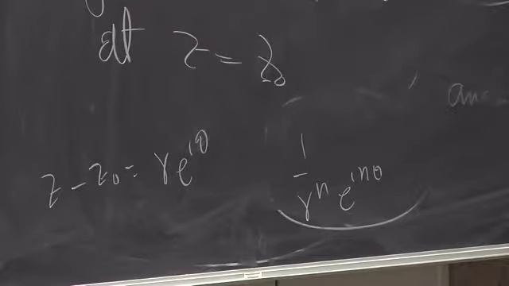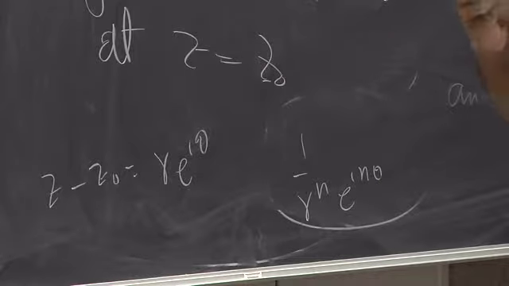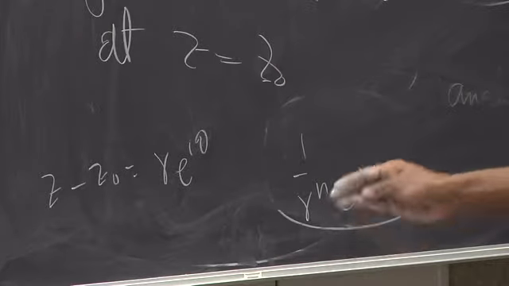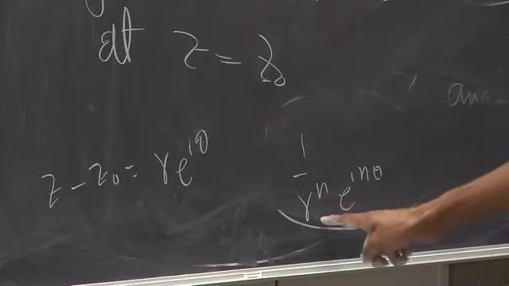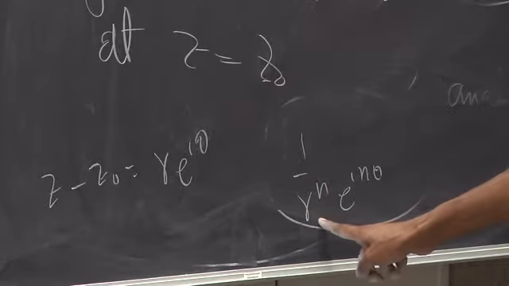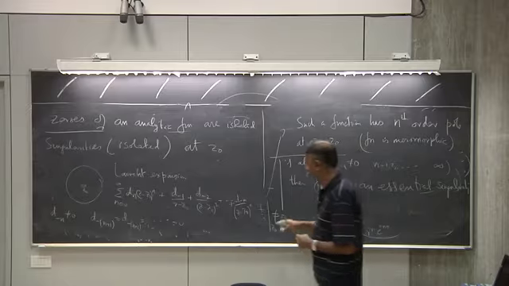After all, e to the i n theta is cosine n theta plus i sin n theta, trigonometric functions. So when theta goes from 0 to 2 pi, n theta goes from 0 to 2n pi, which means there are n oscillations. So it's wildly fluctuating. And since the magnitudes are also diverging, 1 over r to the n as r goes to 0, you can get huge values which are oscillating rapidly. So it's a very wild function.